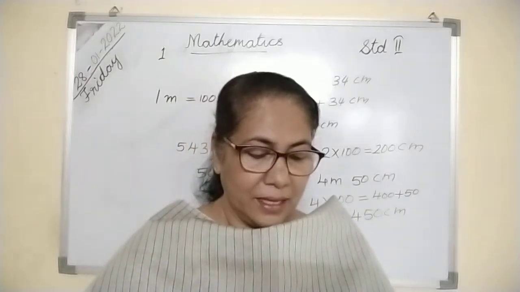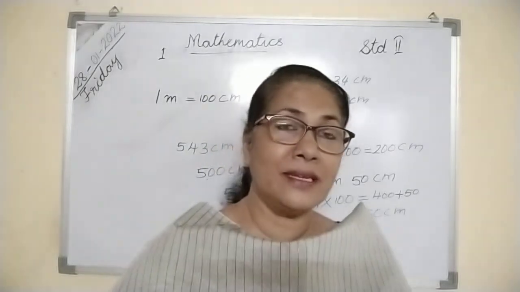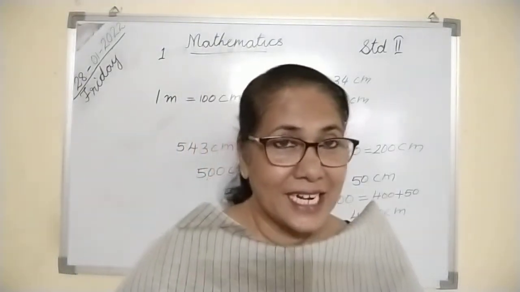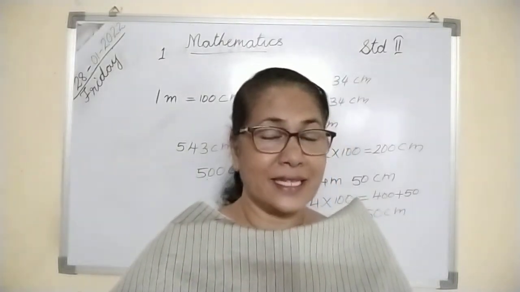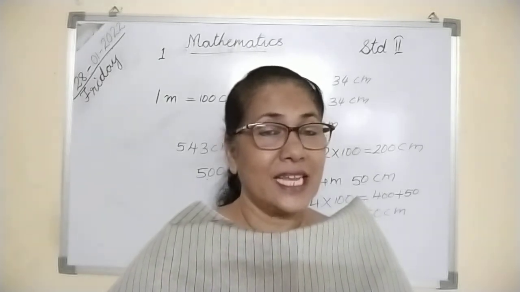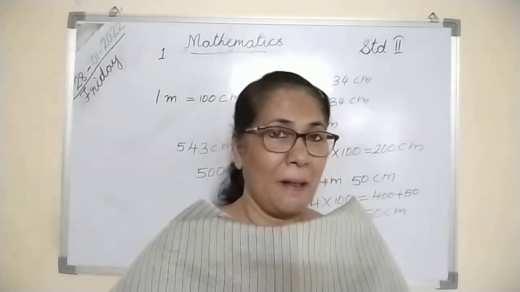Next one, D. 6 meters and 40 centimeters. How many centimeters? 640 centimeters. 6 into 100 is 600 plus 40 centimeters, you get 640 centimeters. It's very easy. It's only just plus.